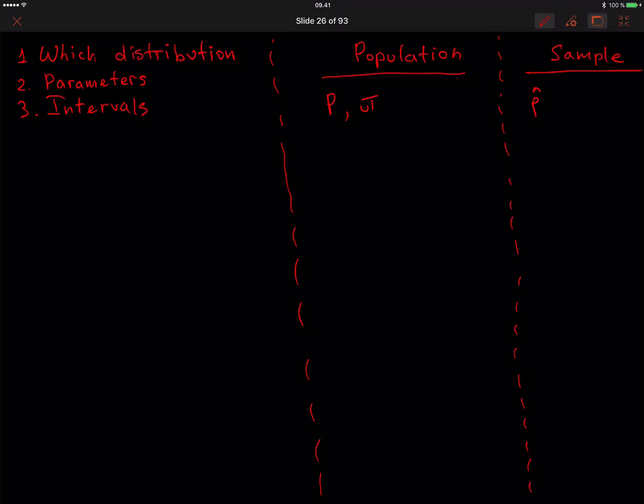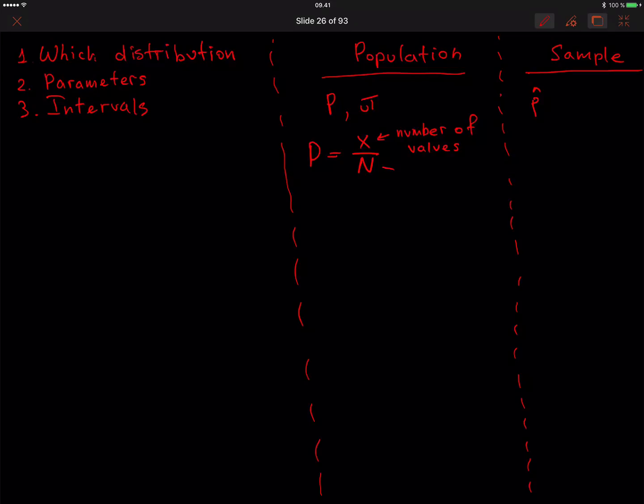Okay, so we know that there is a population proportion, and it is actually a very simple thing. It's a ratio between x and n, where x is the number of values from a certain group, for example, the number of red balls, number of males, number of people who smoke, and so on.